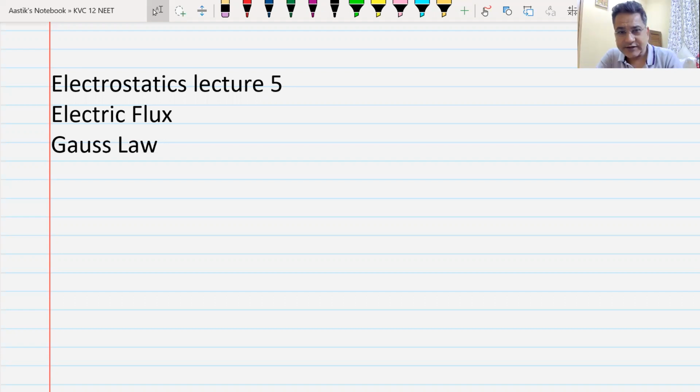The number of field lines coming from a charge tells us how big the charge is. If the field lines are more dense, then the electric field is more. We will continue that concept with this concept of flux or Gauss law.